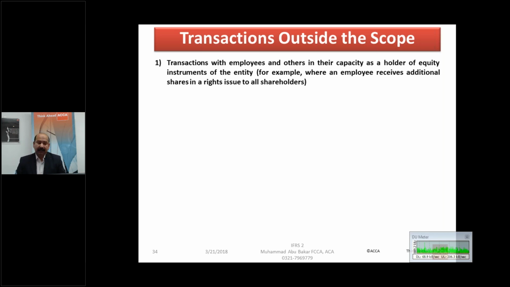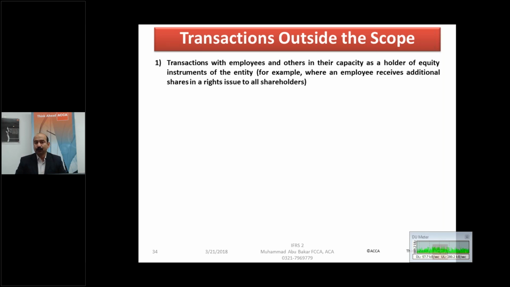Number one is transactions with employees and others in their capacity as a holder of equity instruments of that entity. For example, an employee who is also a shareholder receives shares under a rights issue. So he is receiving those shares in his capacity as a shareholder of that company.